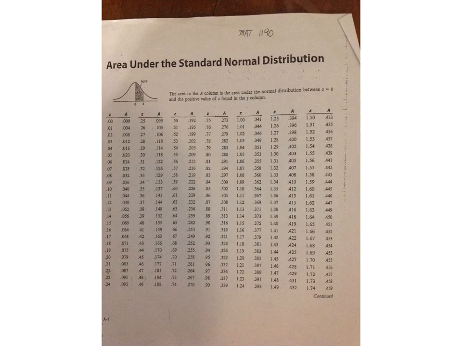So 0.15 is right here, so that gives us an area of 0.06. And 1.15, somewhere here it is, we're getting 0.375. Let's do that in blue, just to make that consistent.